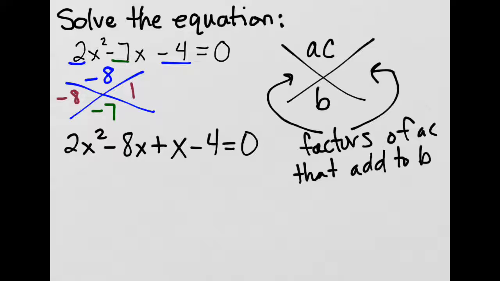So now we have this split up into 4 terms. If we were to combine the -8x and the x, we would get right back to our original equation, so that's good. Now we're going to look at this 2 at a time. If we look at the first 2 terms, we want to think, what do they have in common? What could I divide out of both of them? They both are divisible by 2 and by x, so we're going to pull out a 2x.